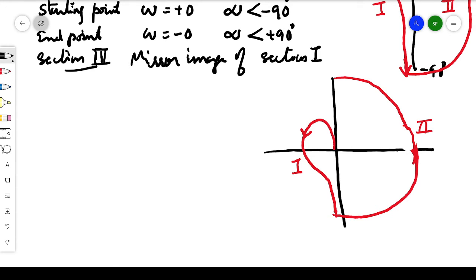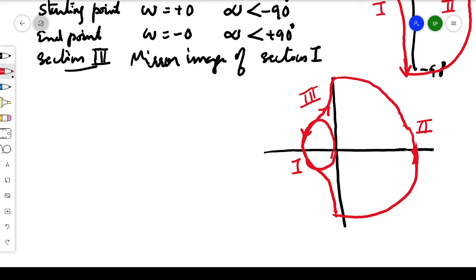Then we have section 3, which is nothing but the mirror image of this one. Mirror image means just drawing it like this. So section 2 is here, and this is section 3. I have just drawn the mirror image of that one.